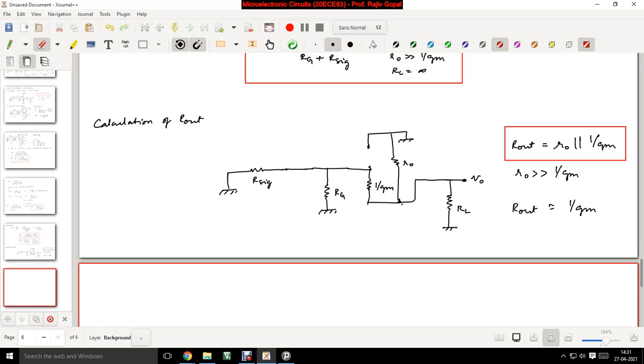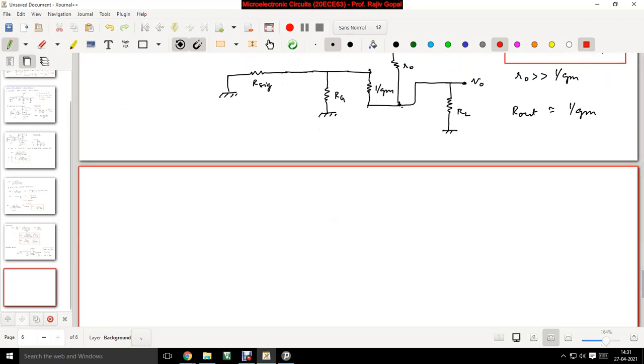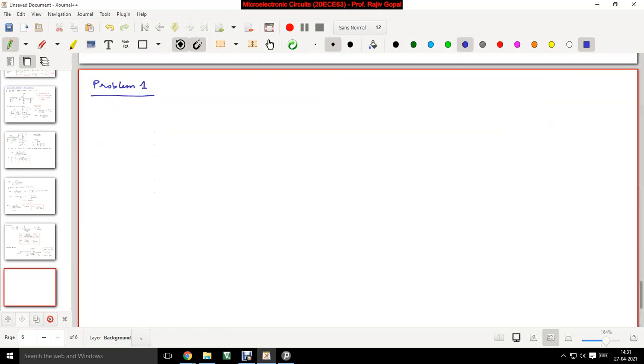We've taken a very simple problem. Problem 1. The circuit is this: plus minus VGS, this is capital VGS.